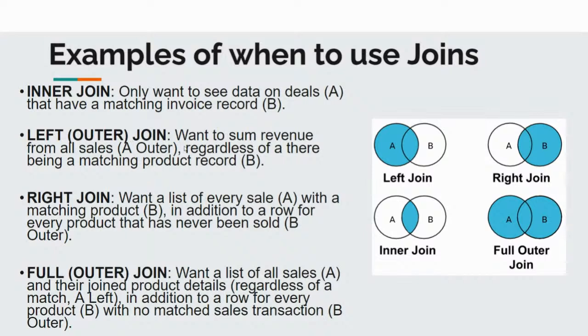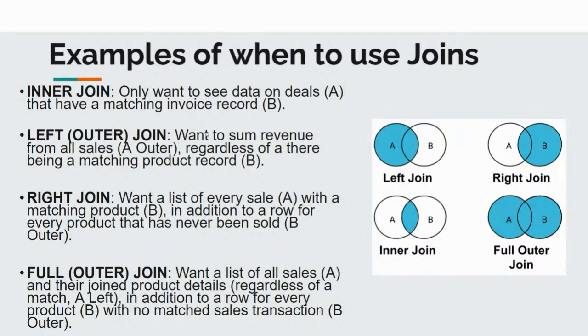A left outer join is when you want to sum the revenue for all sales, regardless of there being a matching product record. So on this one, say you want to keep all of the rights. I'll use the same example from the last one.